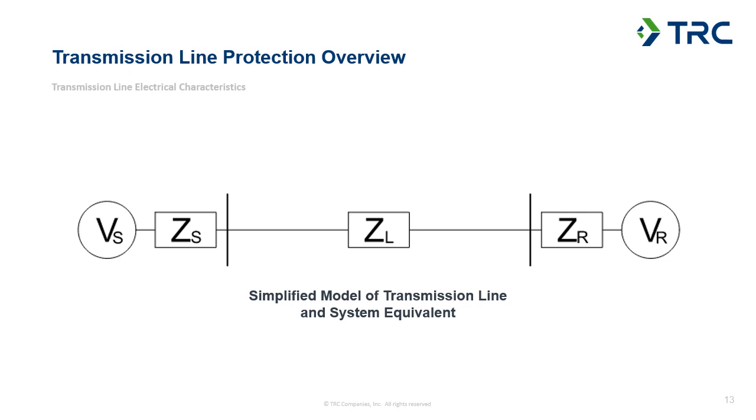But in many cases, we can boil it down to a very simplified model like what I've got shown up here, where I've got the line impedance, ZL, and this would be the resistance and inductance of the line with or without the shunt capacitive effects, with a system equivalent, Thevenin equivalent, on either end of the line, and that would represent the contributions to the line from the rest of the system.